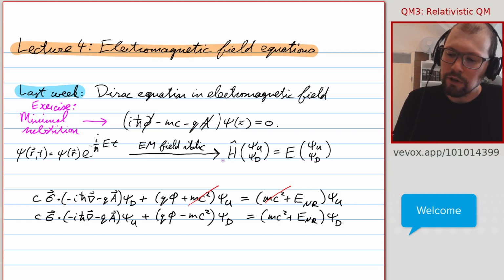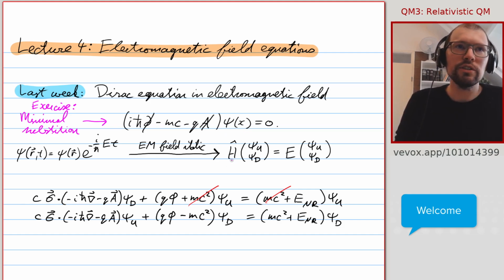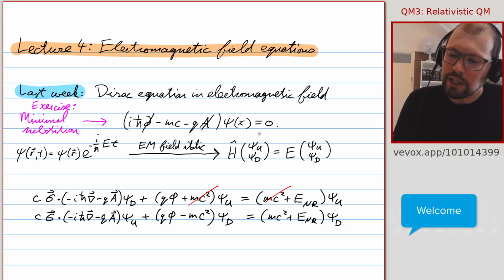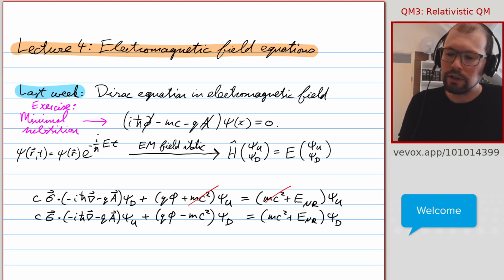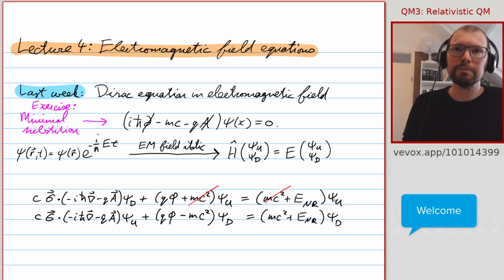Now, if you recall from the beginning of the lecture 2 weeks ago, this Hamiltonian is written in terms of these matrices alpha and beta, and they have Pauli matrices in their blocks. So if we write out this equation in terms of the individual components, psi u and psi d, then we arrived last week at this coupled pair of linear equations on the wave function side.